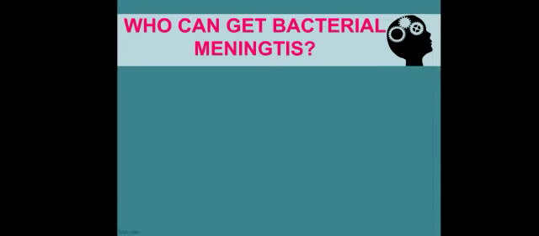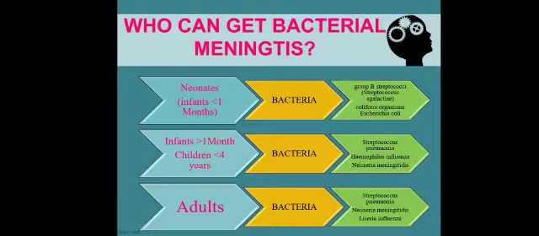Now, who can get bacterial meningitis? Neonates and infants less than 1 month, infants greater than 1 month and children less than 4 years, and adults. The bacteria causing bacterial meningitis in neonates and infants less than 1 month of age are Group B streptococci and coliform organisms like E. coli.